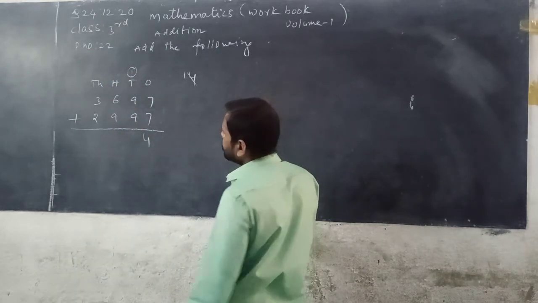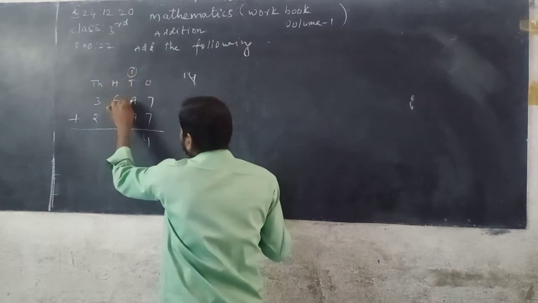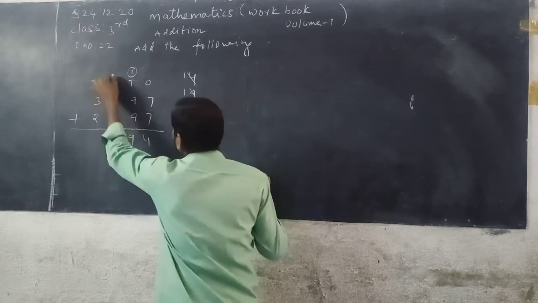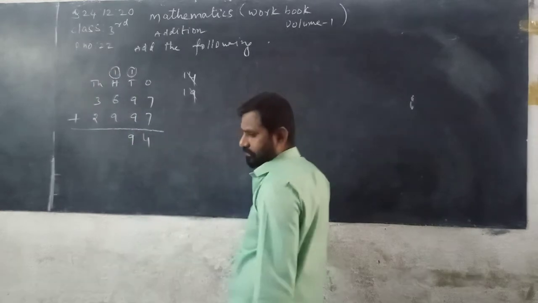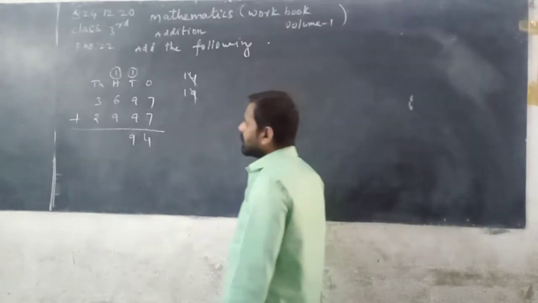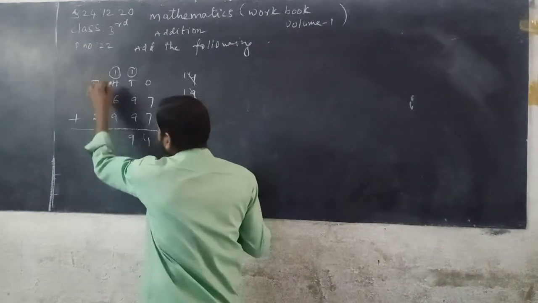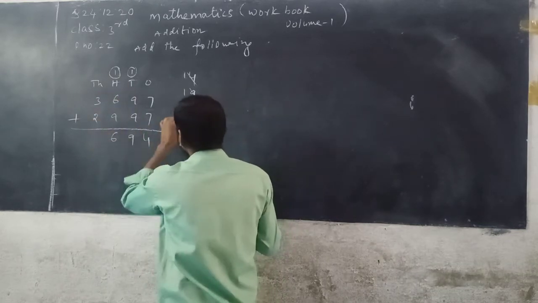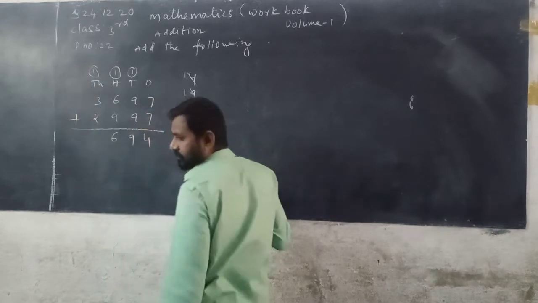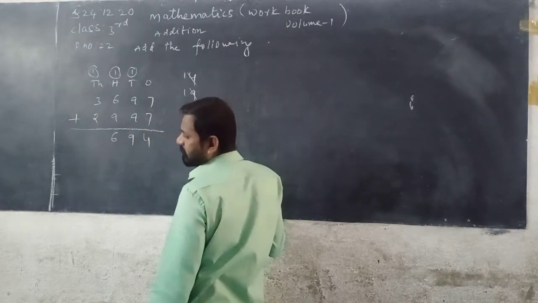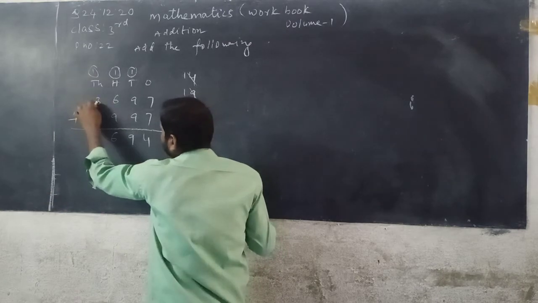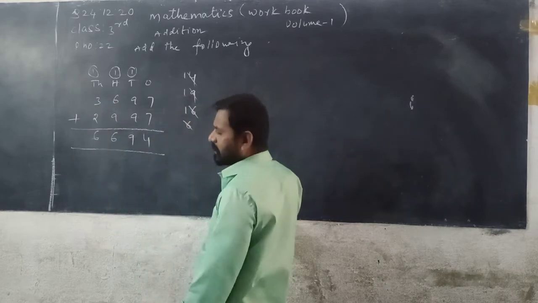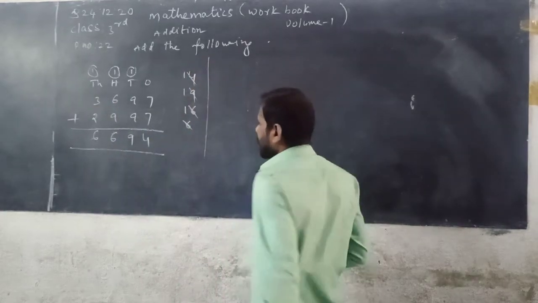Next add the digits in tens place along with the carry. 1 plus 9 is 10, 10 plus 9 is 19. In it, 9 is written down in tens column, 1 is carried over to the hundreds place. Next add the digits in hundreds place along with the carry. 1 plus 6 is 7, 7 plus 9 is 16. In it, 6 is written down in hundreds column and 1 is carried over to the thousands place. Next add the digits in thousands place along with the carry. 1 plus 3 is 4, 4 plus 2 is 6. 6 is written down in thousands column. Sum is equal to 6,690.